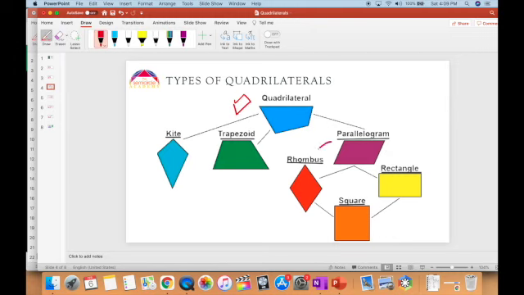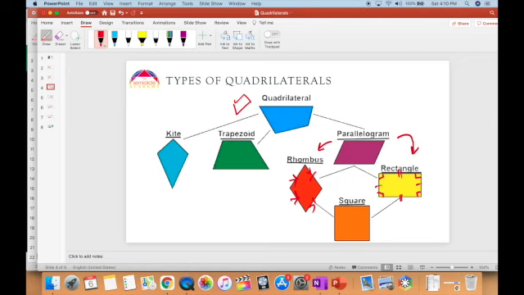You have the rhombus, where all of the sides are equal. And then you have the rectangle, where only the opposite sides are equal and parallel, right? In a rhombus, all of the sides are equal, and the opposite sides are parallel as well, right? But a rectangle, you have 90 degrees. Yeah, 90 degrees makes a rectangle, right?